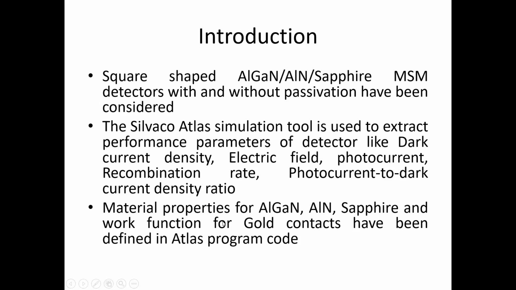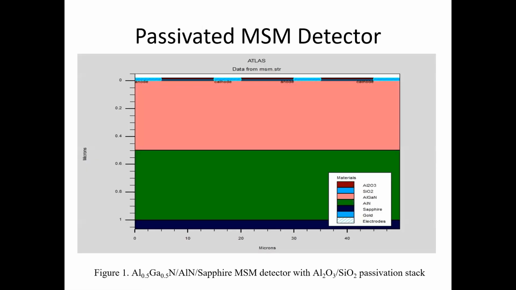And in our Atlas code, we have utilized adequate material properties for AlGaN, aluminum nitride, sapphire, and gold metal contacts for the proper functioning of the detector.